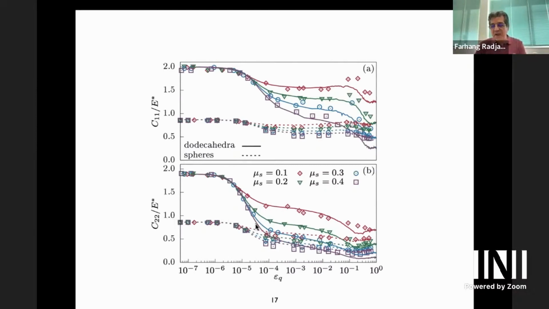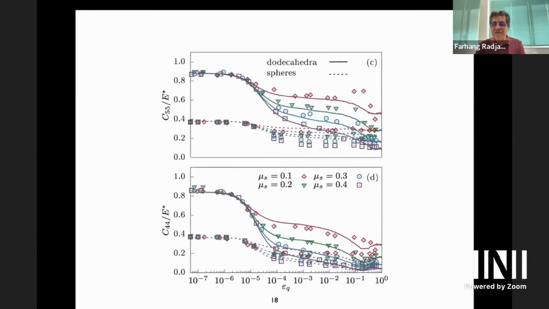And for C22, we have, of course, also the same trends. The values are different, but when we normalize the data by E star, you see that the orders of magnitude are very close. We are really looking at variations around 1 when we normalize by E star.